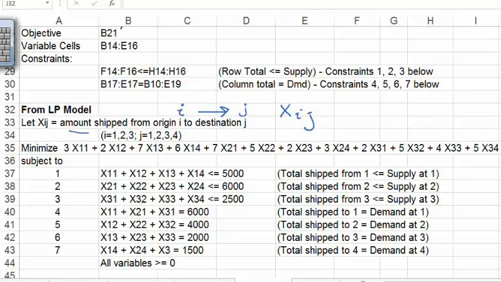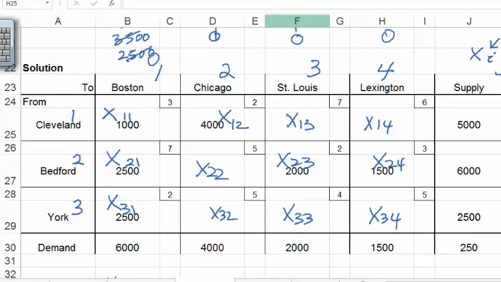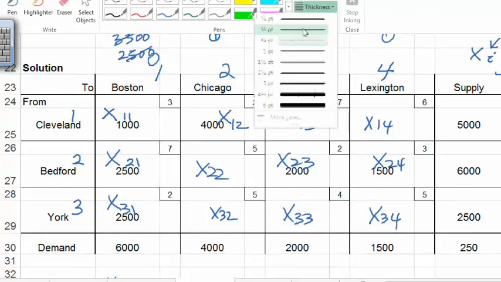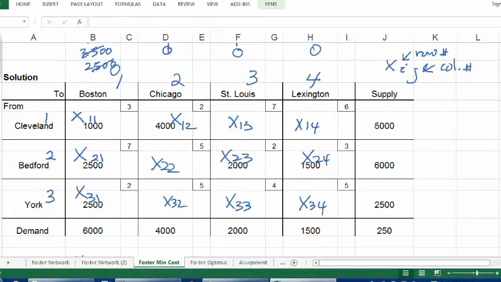So that's the total transportation cost, and the constraints come from the fact that we have limited supply at these plants. So at each plant, you can't ship more than what you have. So for instance, Cleveland has only 5,000. So you can't ship more than 5,000.